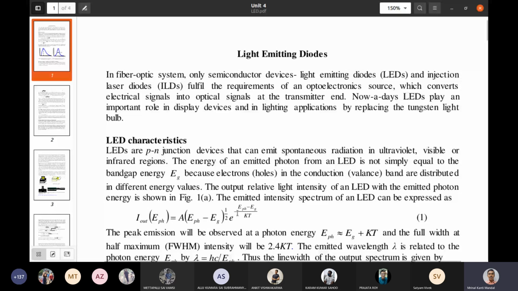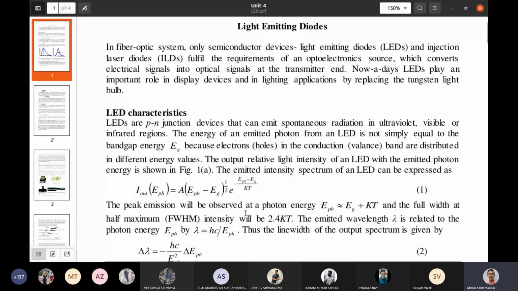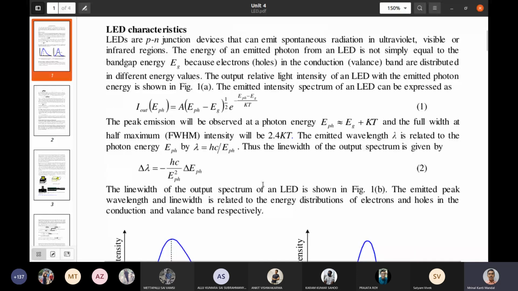So this is the emission spectrum, and it has a peak at photon energy nearly equal to E_g plus kT. Apparently the maximum peak might be expected at E_g, but no, it appears at E_g plus kT.